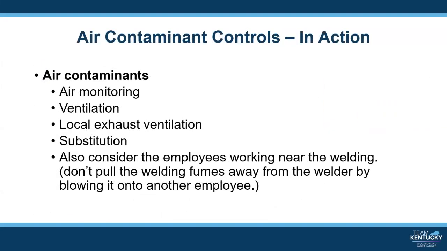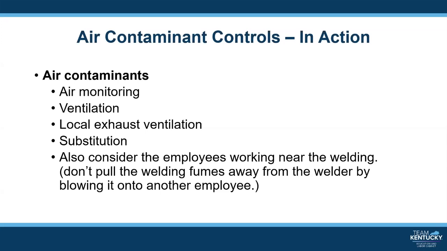For the control methods used to reduce or eliminate air contaminants, we start with conducting personal air monitoring of employees who are doing the welding. The results of these tests will let you know if the employee is overexposed to welding fumes or other chemicals that are used by the employee.